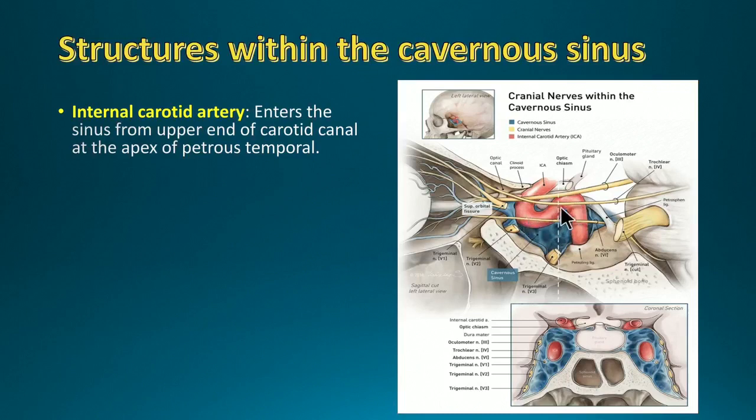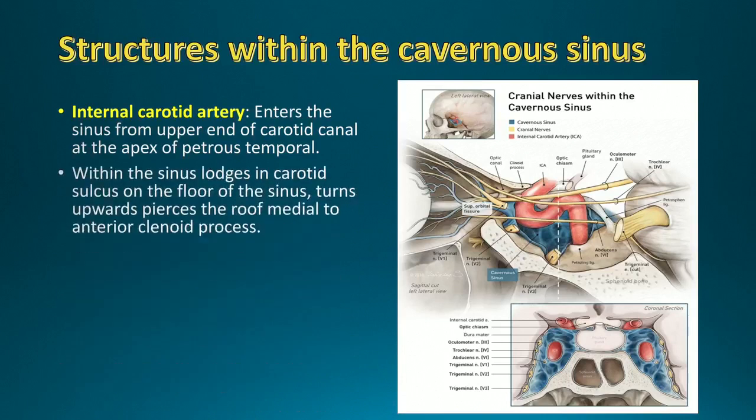So this part is actually within the sinus, and then in the anterior part of the sinus it turns above, making an S-shaped curve medial to the anterior clinoid process, and then it pierces the meninges and dura, and then it is going to supply the brain structures. Okay, so within the sinus, as I told you, it is lodged in the carotid sulcus on the body of the sphenoid bone.